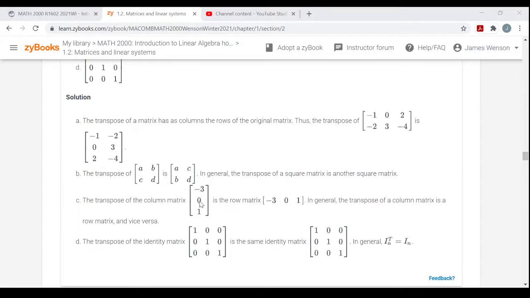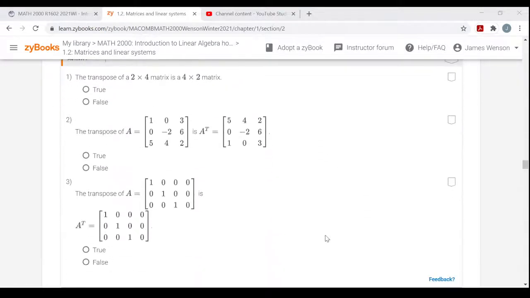So negative 3, 0, 1, the first column here will be the row in the transpose. And the transpose of the identity matrix is itself, as you can see, the transpose of a diagonal matrix. Any diagonal matrix is going to be itself. You can see that hopefully.